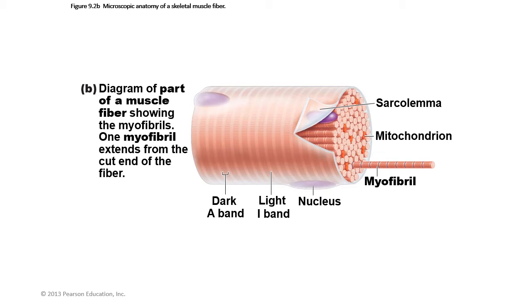So a myofibril is a bundle of protein filaments. And there is an increased number of mitochondria present because remember mitochondria produces ATP, and in things in your body that require more energy like muscle contraction, there is going to be an increased number of mitochondria present.